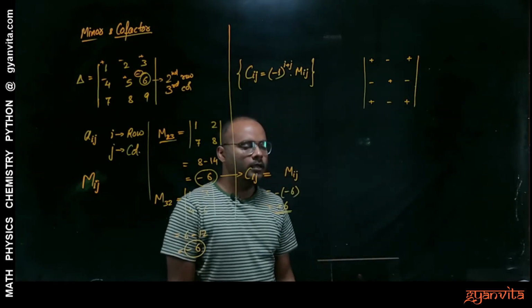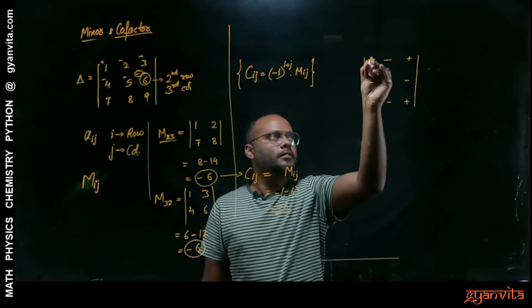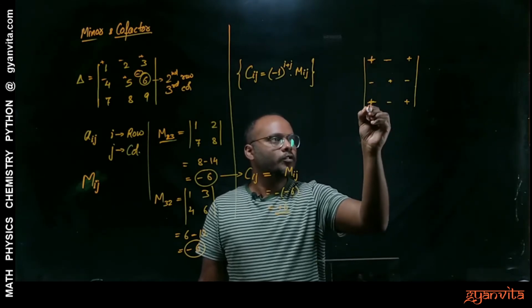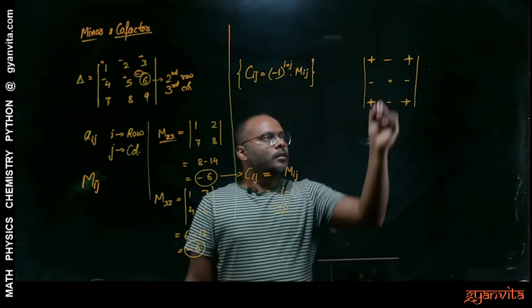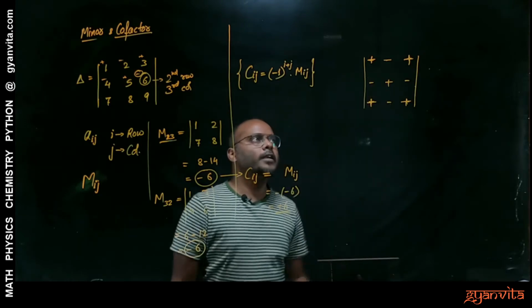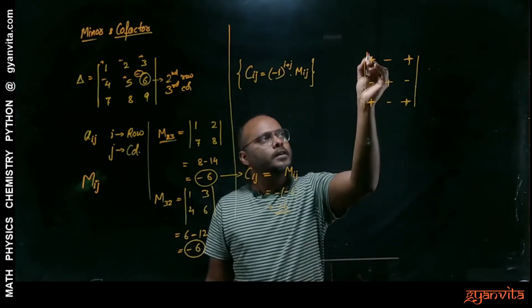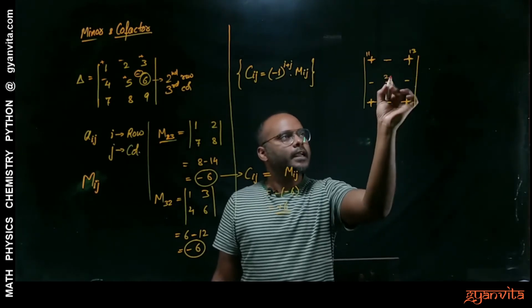Right? And so this is negative. I hope this is clear. Okay, now where you are getting positives, so here it is first row, first column. This is first row, third column. This is second row, second column.